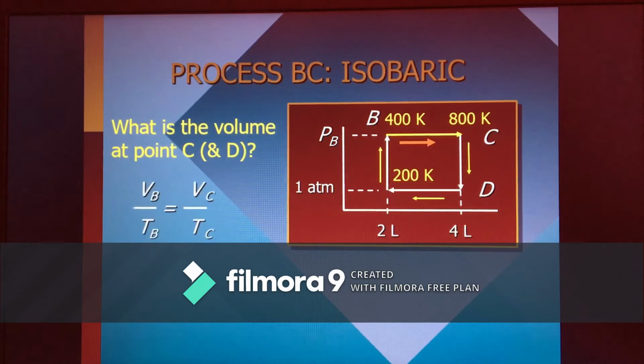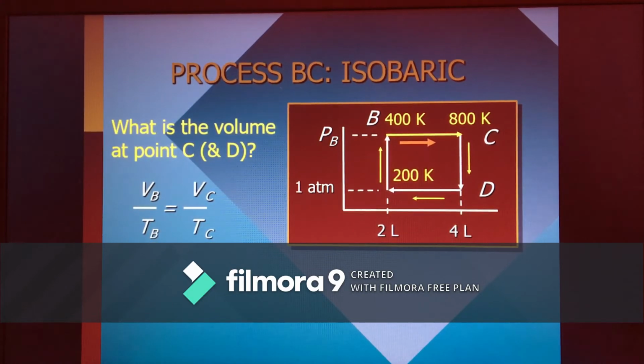When the process is isobaric, the pressure is constant, so the change of pressure is 0, delta P equals 0.